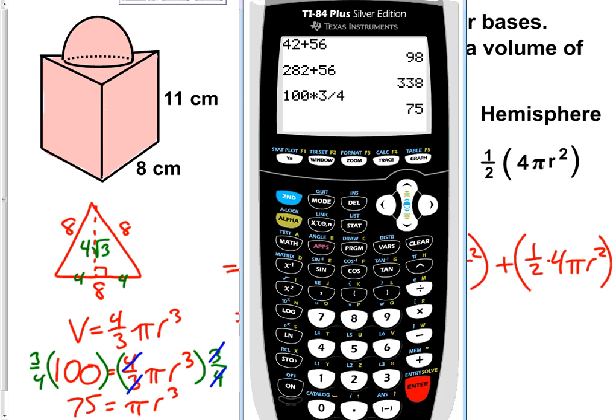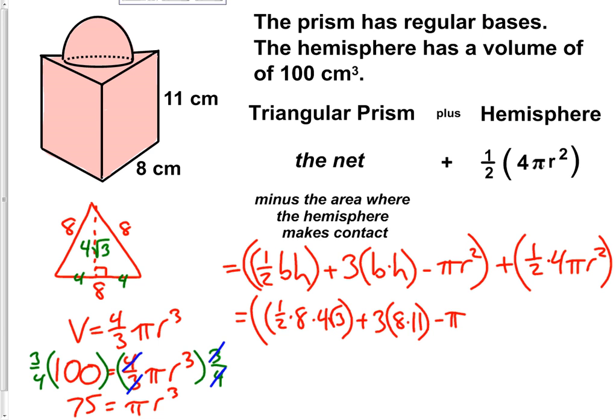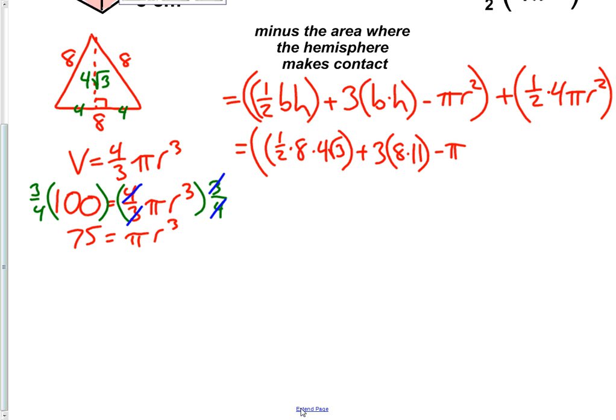Now pi is multiplying times our radius cubed, so the next logical step is to divide by pi. That will cause pi to cancel there.